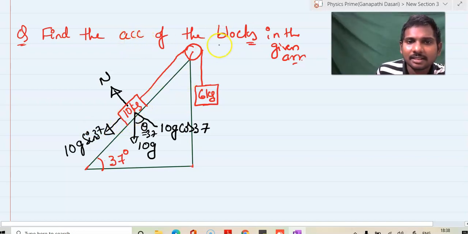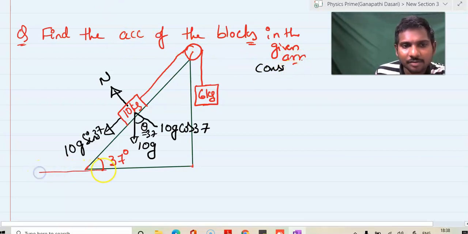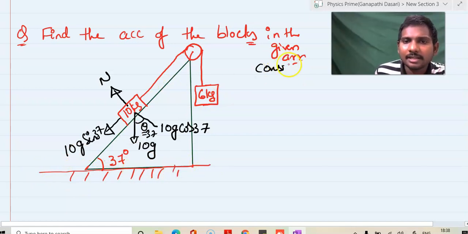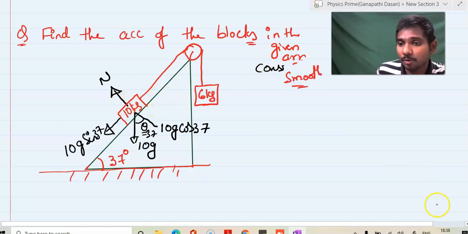Here consider the inclined plane is fixed, and the inclined plane is a smooth inclined plane. Otherwise, the friction also will come into the picture.